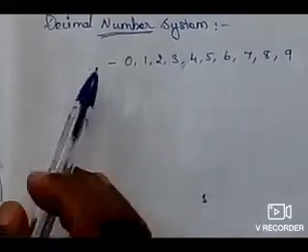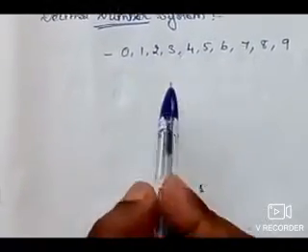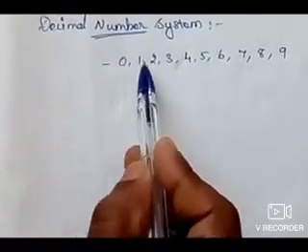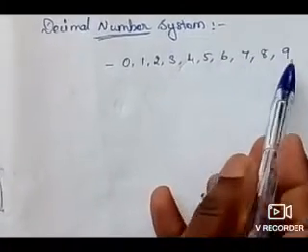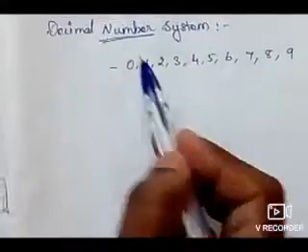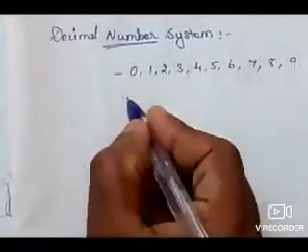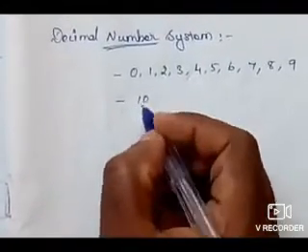Now we will see the decimal number system. This decimal number system consists of 0, 1, 2, 3, 4, 5, 6, 7, 8 and 9. These 10 numbers are available in the decimal number system. The base value or radix value of the decimal number system is 10.